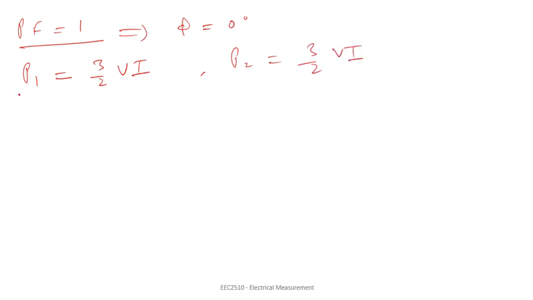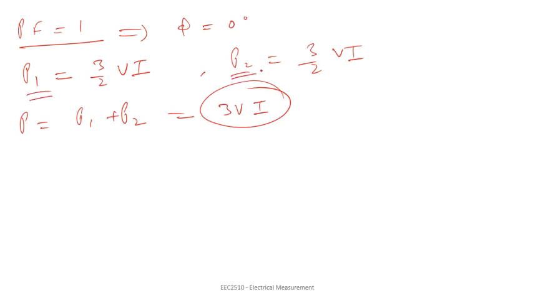So at unity power factor the total power P will be equal to P1 plus P2, that is 3 Vi. So at unity power factor both wattmeters will read equal readings, each wattmeter reading half of the total power.